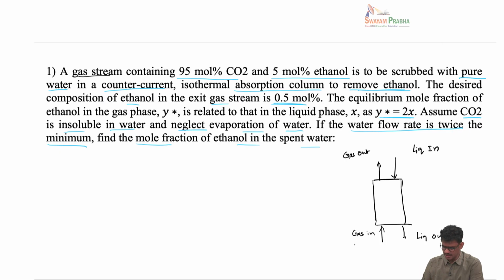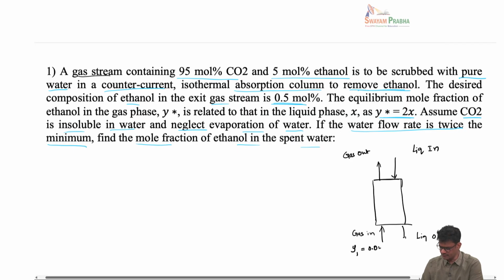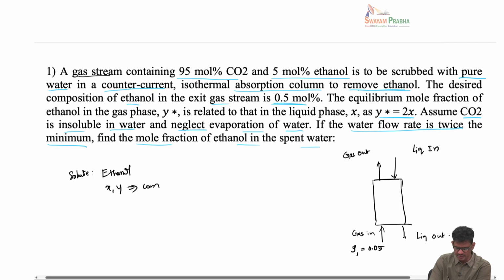So here the gas has about Y1 of 0.05. Okay, that's 5% of ethanol. And let me also say a solute here is ethanol. So X and Y, these are all compositions of ethanol.